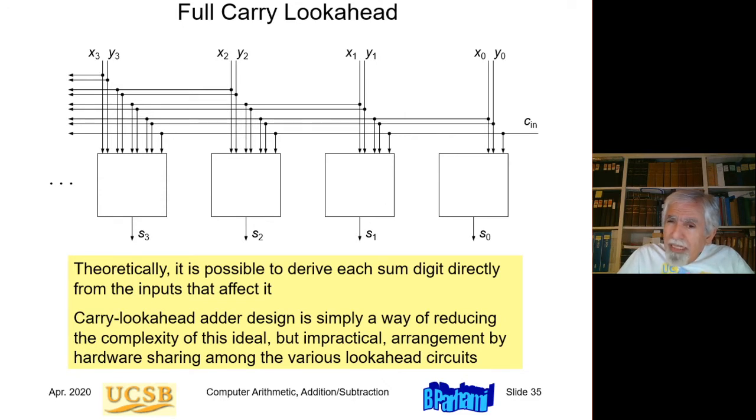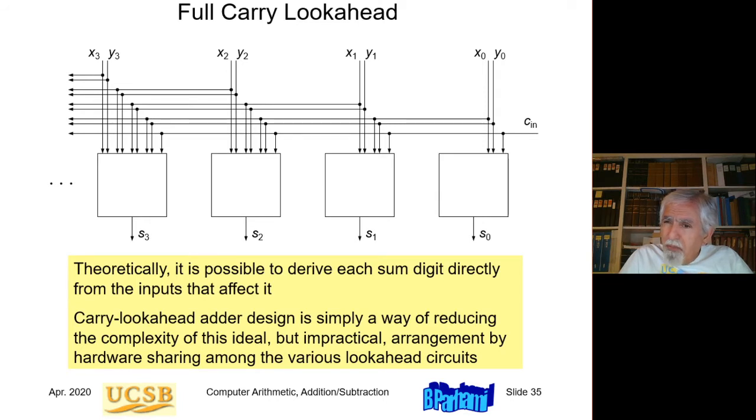So to compute S3, we need C3, but C3 itself is a function of x2y2, x1y1, x0y0, and c0. So if we input all of these values into that box, along with x3 and y3, because S3 also depends on those two digits, then we can directly compute by the fastest possible circuit S3 and S2 and S1.